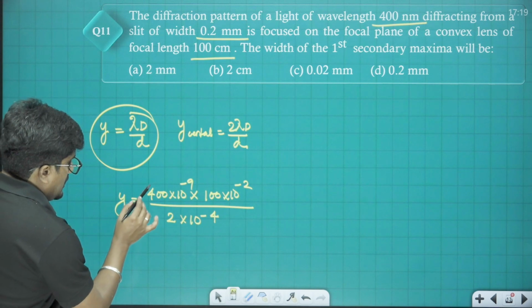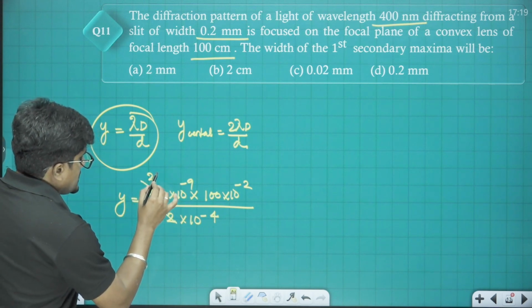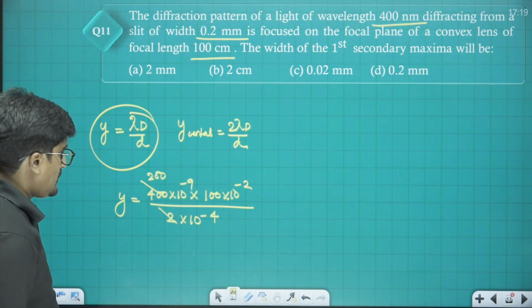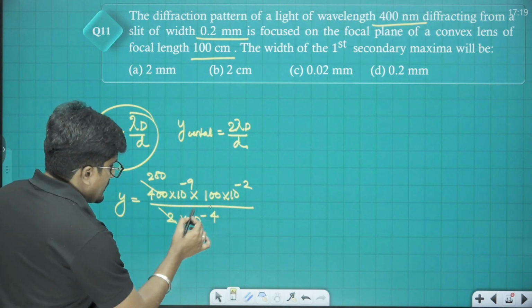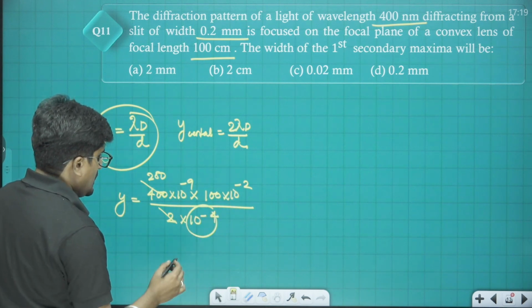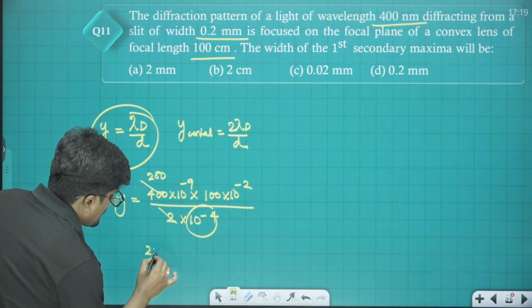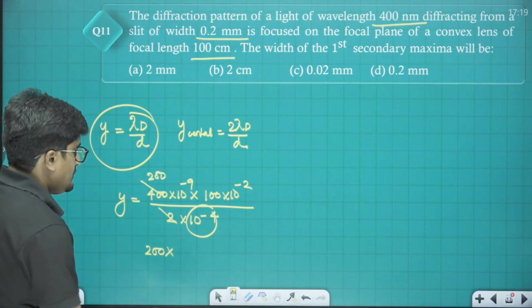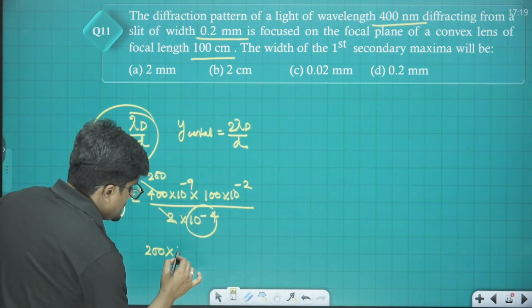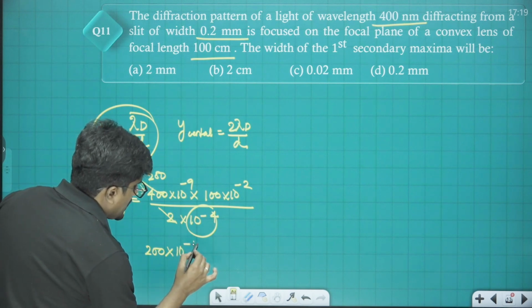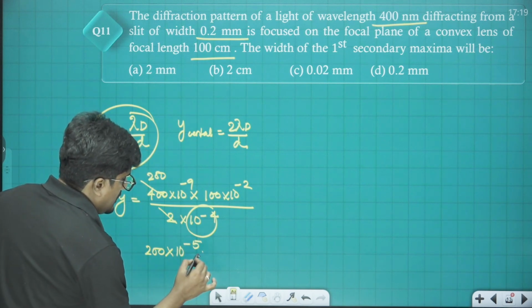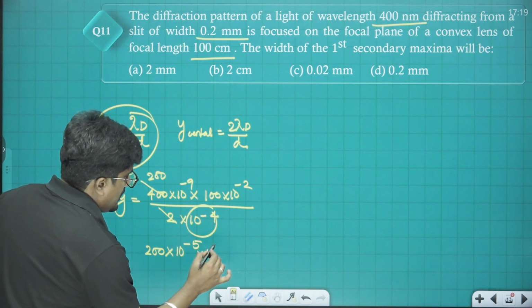All right. Let me deal with this first. So here this is going to be 200. Now, this will go to the top. So here this is going to be 200 into, once this goes to the top, 10 to the power minus 5.